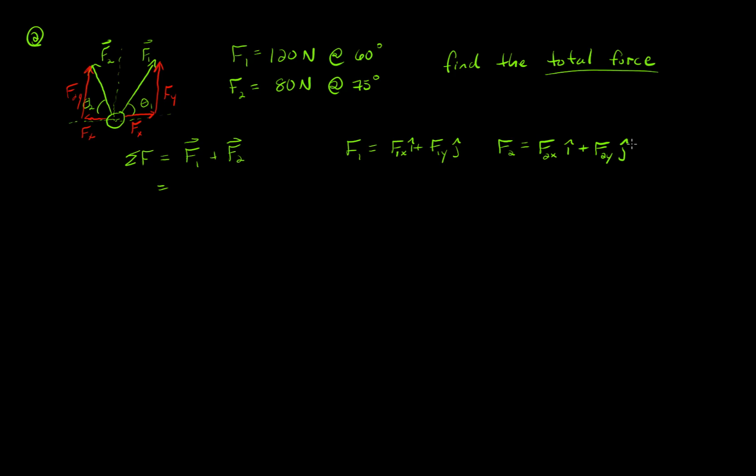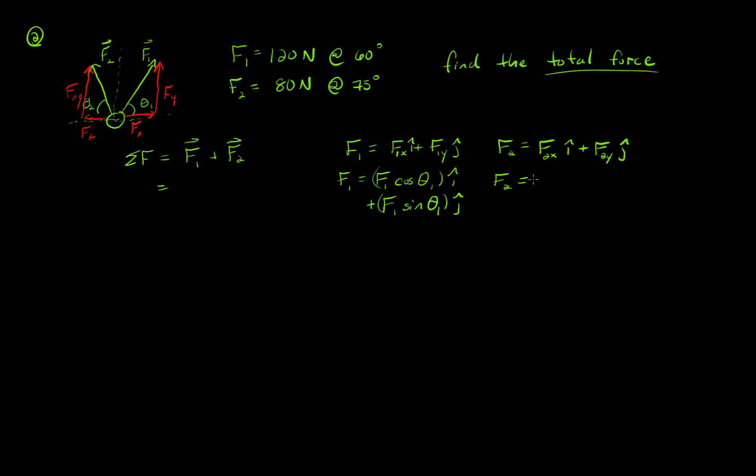Now we can redefine everything in terms of trig. F1 in the x is the adjacent side, so F1 is going to be F1 cosine theta 1 i hat plus F1 sine theta 1 j hat.